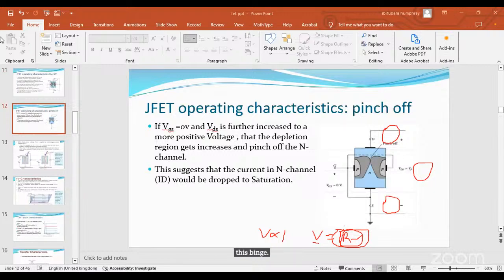Pinch off voltage. So at the point we have this. So when VDS is equal to VP, that is pinch off voltage, I will remain constant.